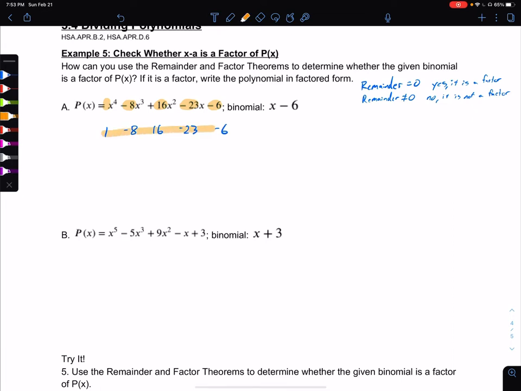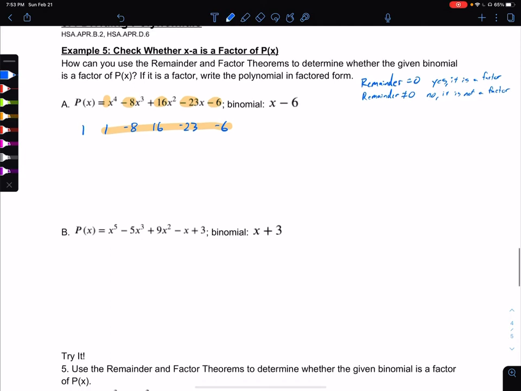Remember, all of those come from there. And then we're going to use our divisor. So this -6 would go here, but be careful. Since they're giving us the x minus 6 term, we do need to change the sign because our a value, remember you're subtracting, it's x minus a is positive 6.